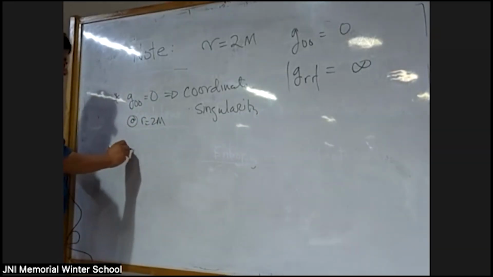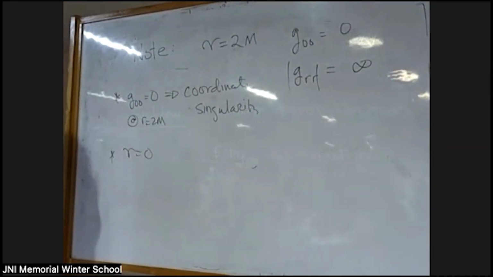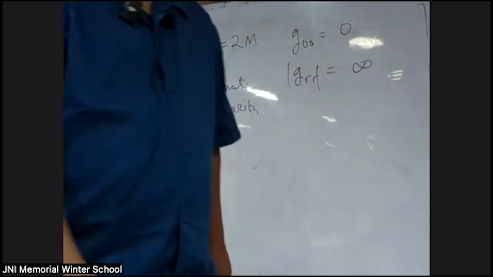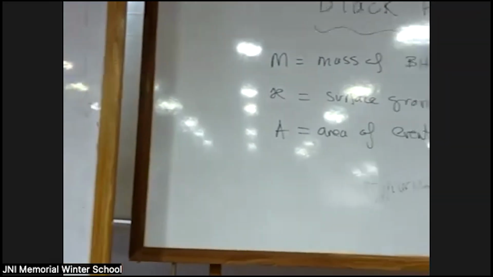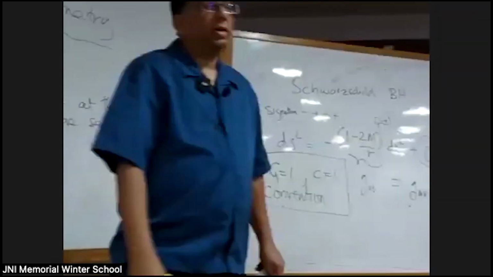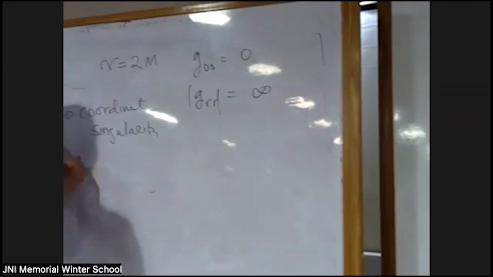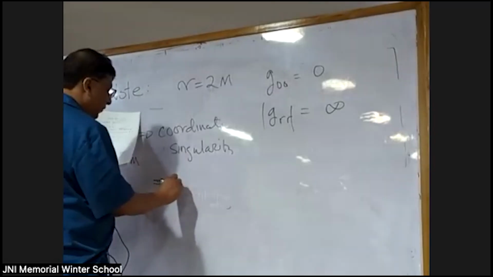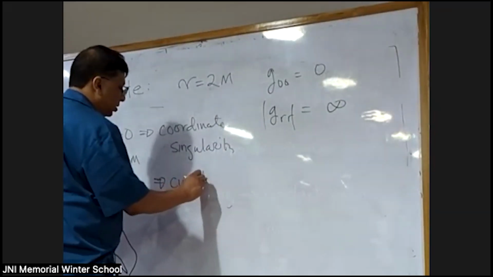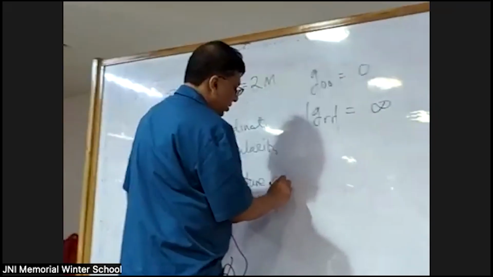But at r equals 0, you will find not a coordinate singularity but an actual singularity, a curvature singularity.